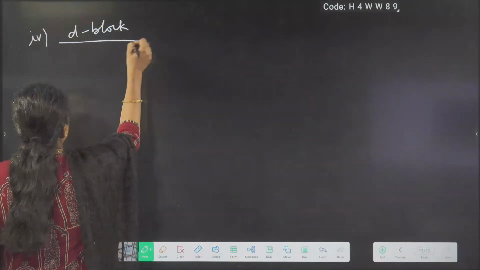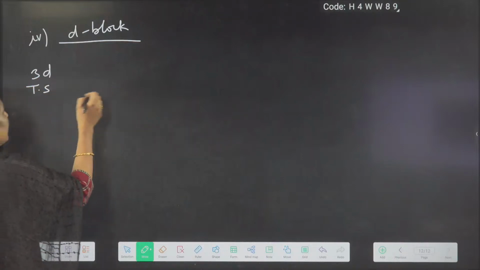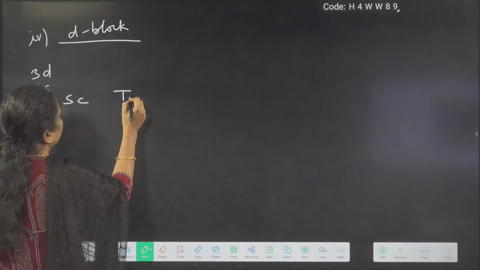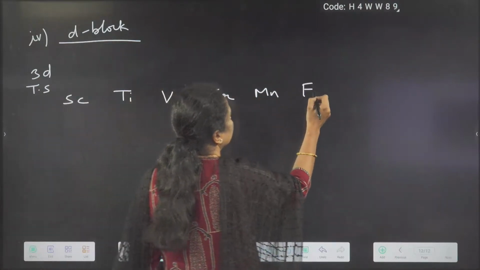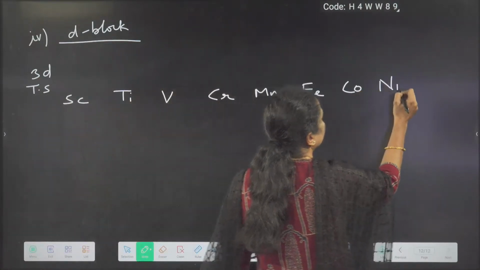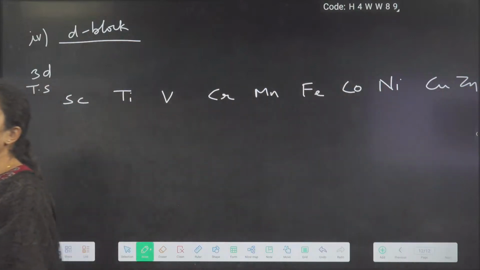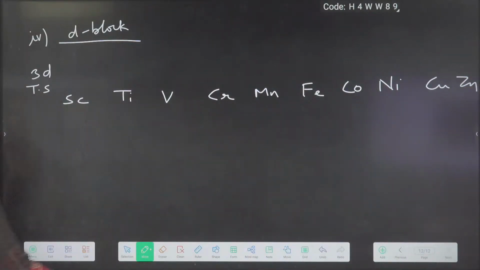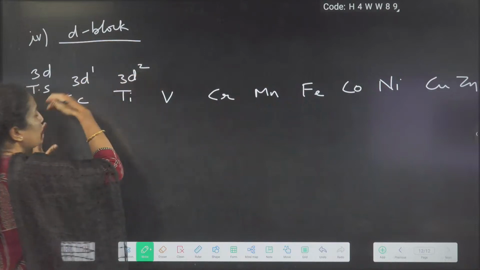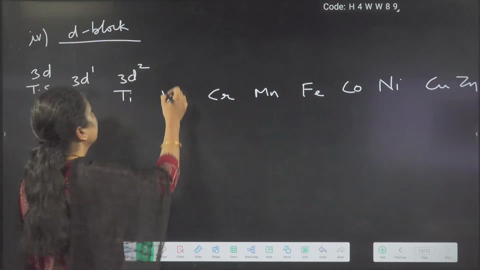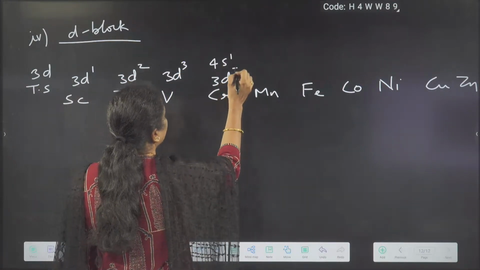In D block, let us go for understanding the 3d transition series. So I'm writing the elements. When you look at the configuration here, you will have 3d1, 3d2, that means 4s2, 3d1 I am referring to. 3d3, you have 4s1, 3d5.